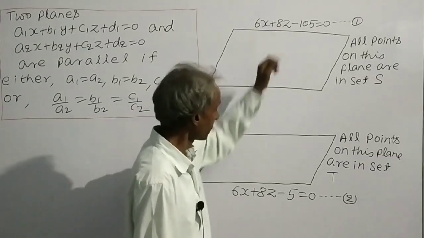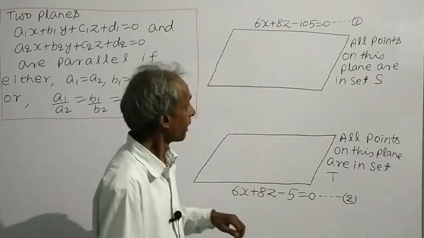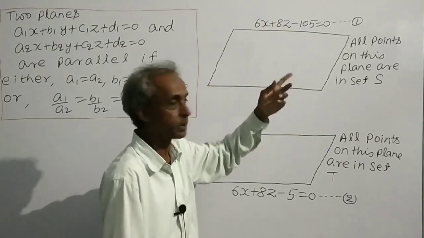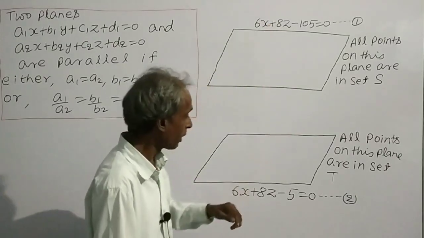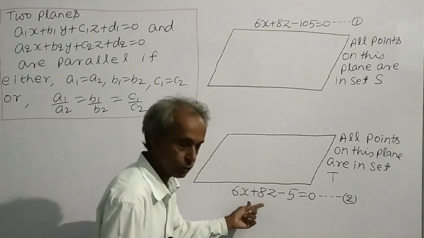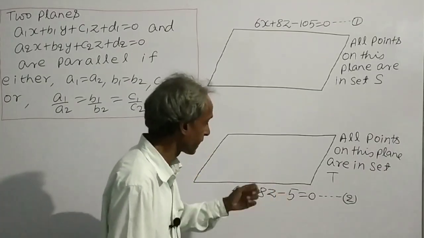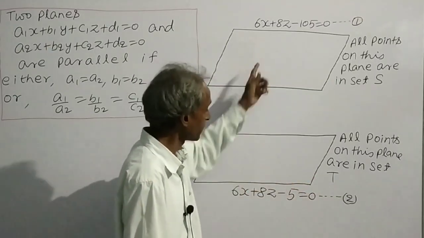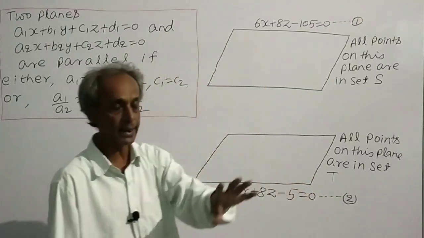Similarly, here is 8, here is 8, and y is absent in this equation, that means the coefficient of y is 0, and in this equation also y is absent, that means the coefficient of y is 0. Therefore, these two planes are parallel.